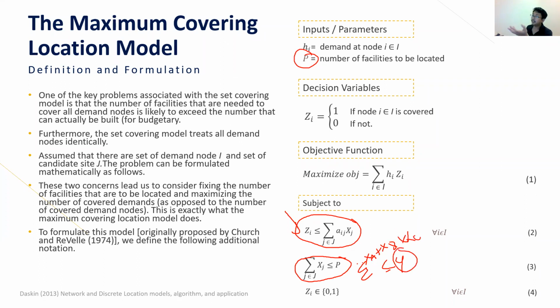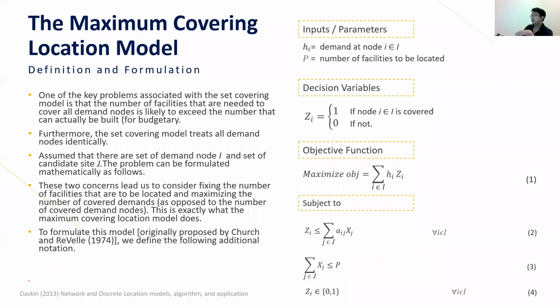So you can only select 4 out of, let's say, 6 facilities available as candidates. Okay, and the last one is just the integrality constraint to make sure that the value of z is equal to 0 or 1. It means that it's binary.